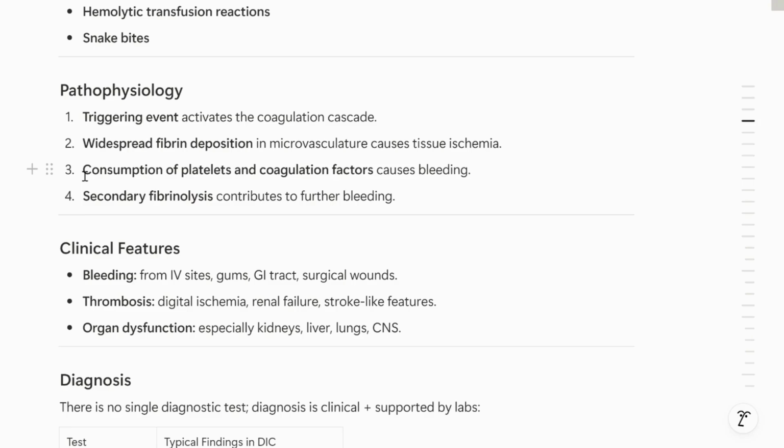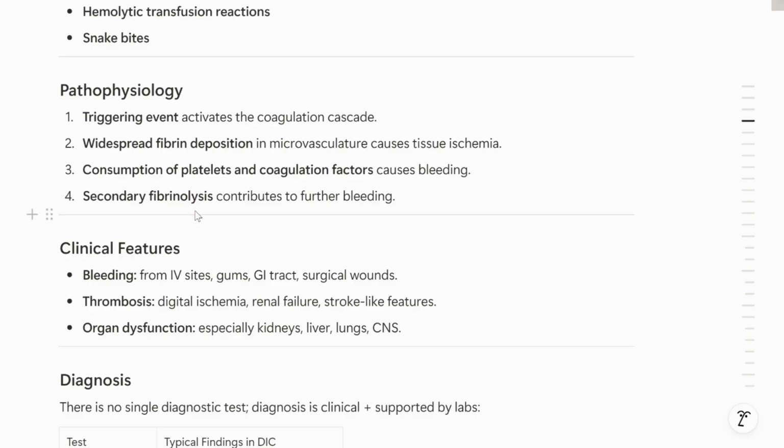So both these systems will be working in the same time frame. As a result, the consumption of the platelets and coagulation factors will result in more and more bleeding, and there will be fibrinolysis. This fibrinolysis is important in the diagnosis because the fibrin degradation products which are released will be tested and will give us a clue that the patient might be suffering from DIC.